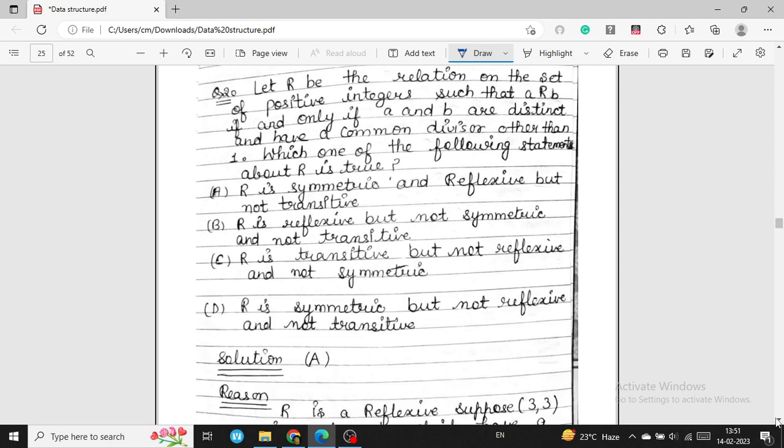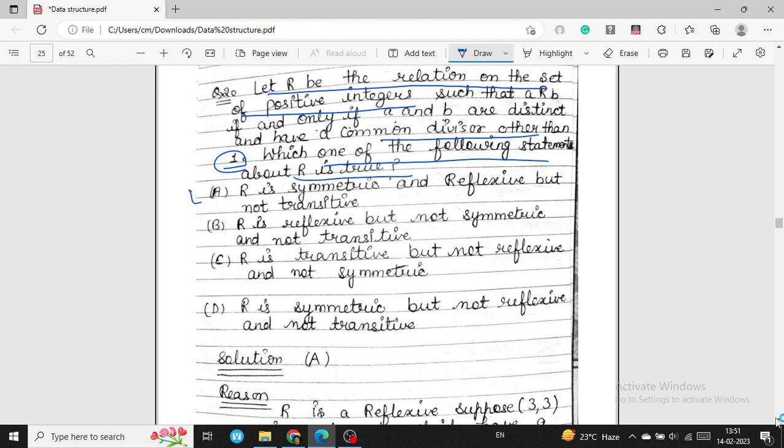Now next is, let R be the relation on the set of positive integers such that A relation B if and only if A and B are distinct and have a common divisor other than 1. Which one of the following statements about R is true?